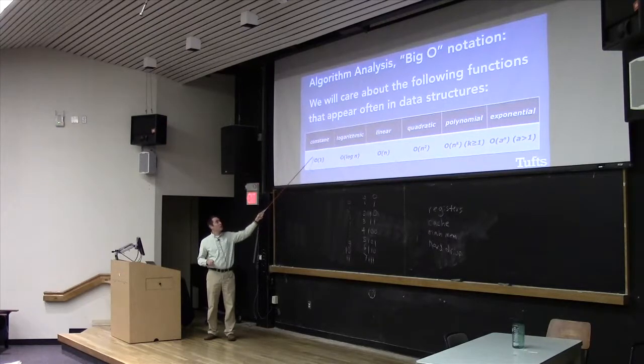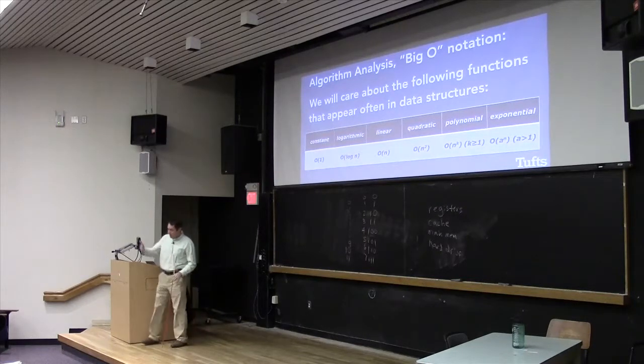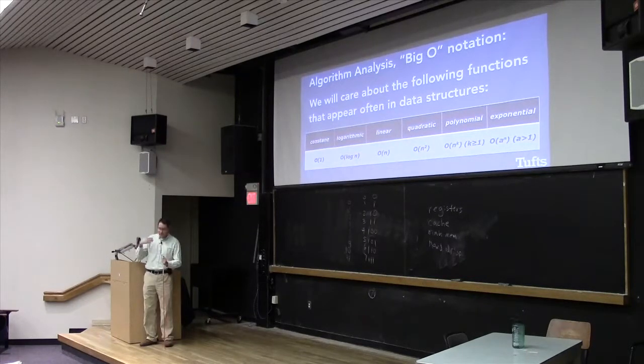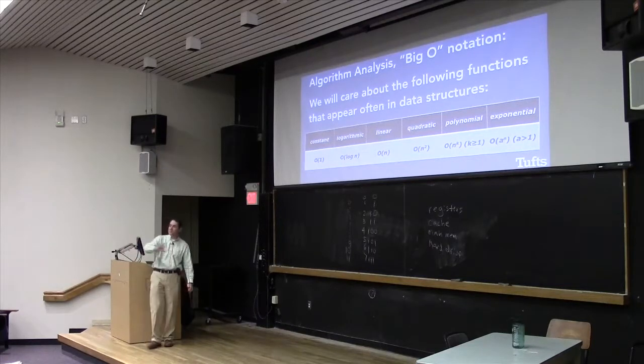If you have n elements, and you can apply some function to do something involving that algorithm or data structure, and it doesn't depend on the number of elements, we say that it's constant time, which means it takes one operation, and you don't need to do any loops or go through all the elements.